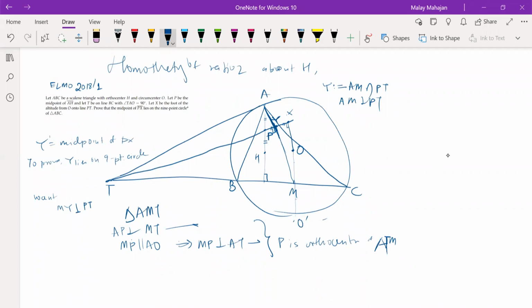Isn't AH and A isogonal? So you have that. Well, never mind.